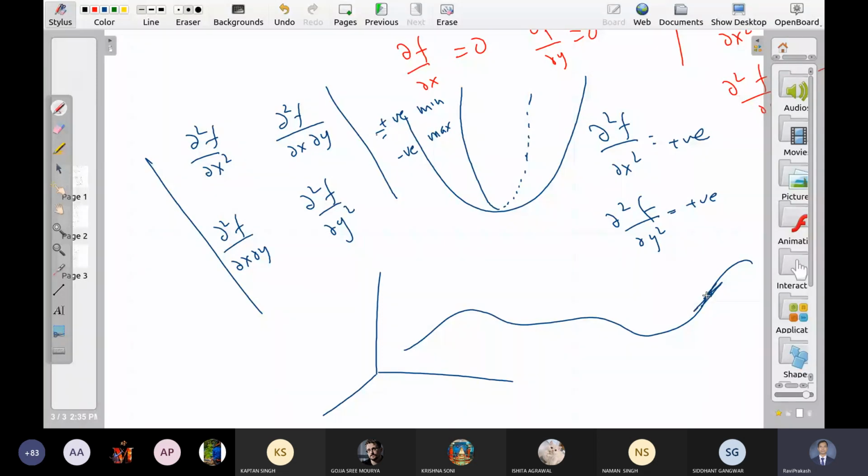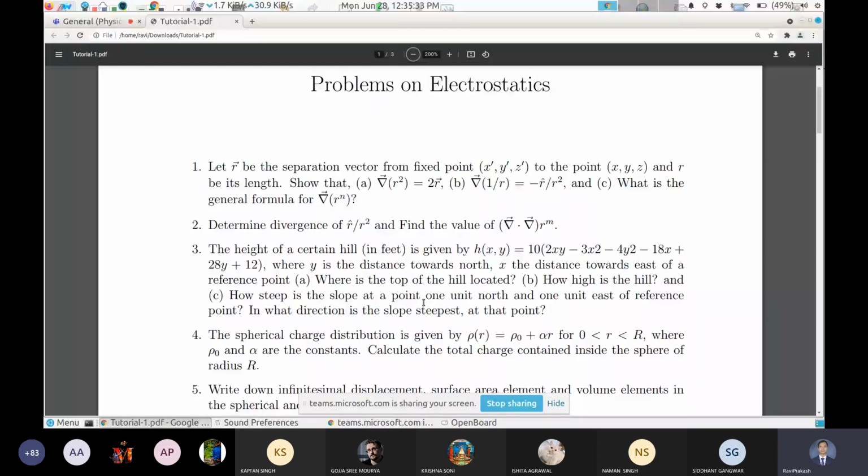It may be 0, it may be positive, negative, whatever. So there are many slopes at that point. Out of all these slopes, which one is the maximum? So how will you calculate the maximum slope at that point? Any answer?